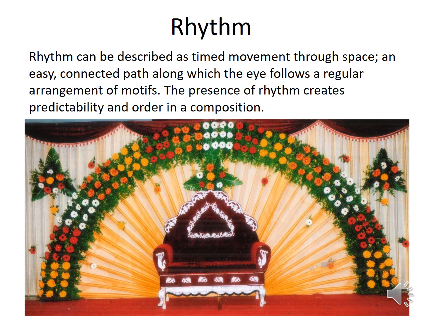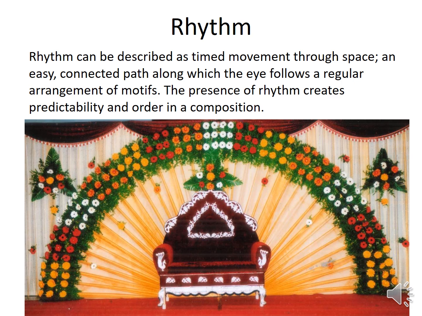Now rhythm is another principle of art. It can be described as timed movement through space. I can tell you a little more easily that in rhythm two things are very important: one is repetition, and another is movement.